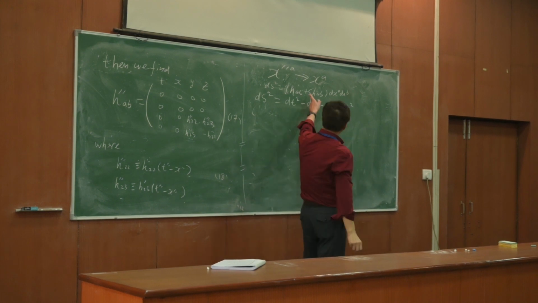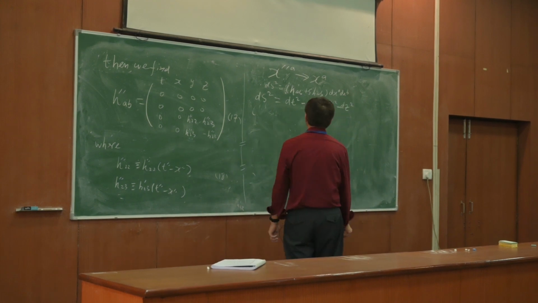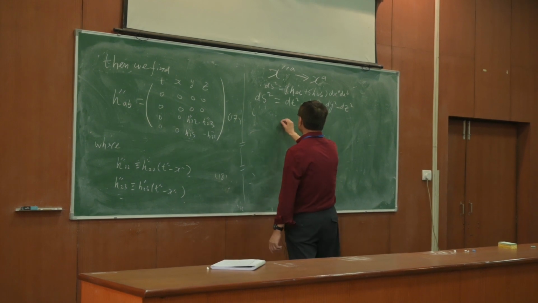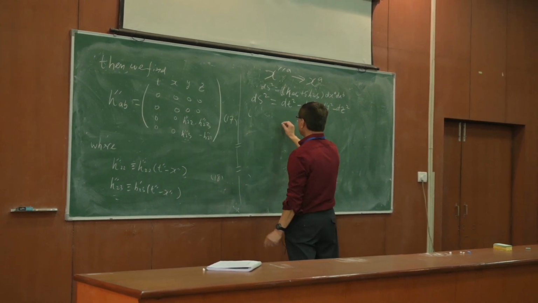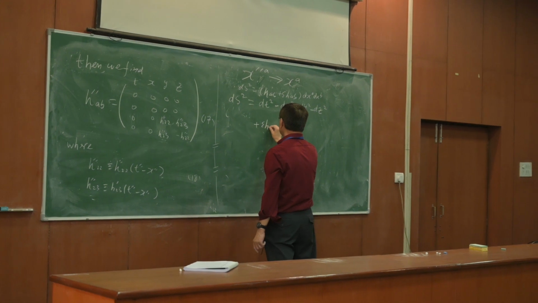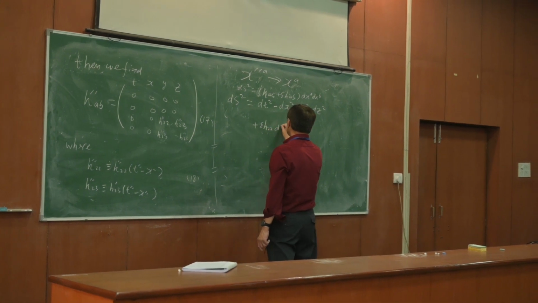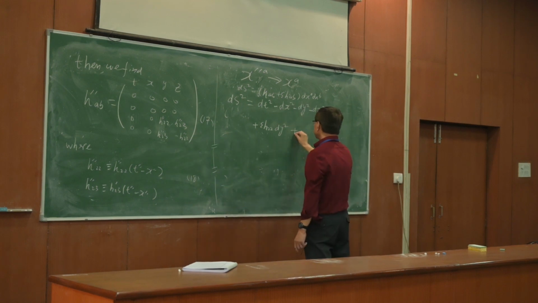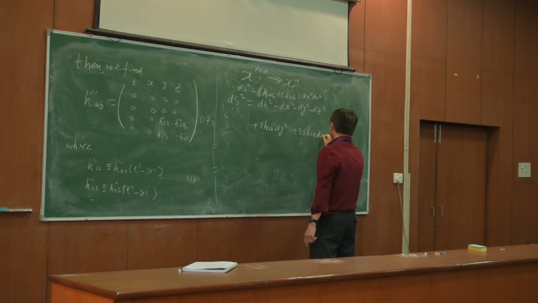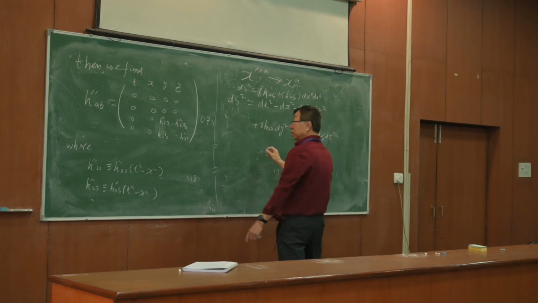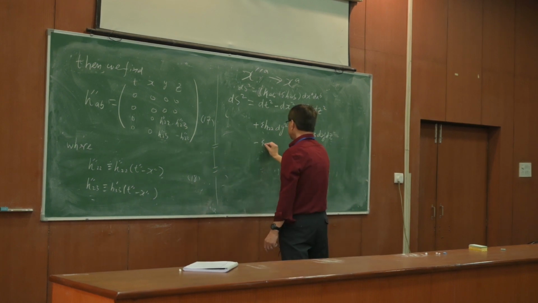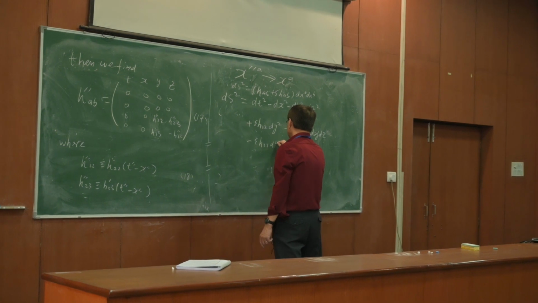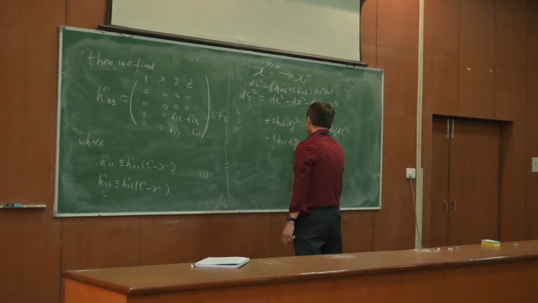So I simply drop the higher-order term. Then plus h22 plus epsilon h22 dy squared, right? Plus 2 times epsilon h23 dy dz, then h33 minus epsilon h22 dz squared.